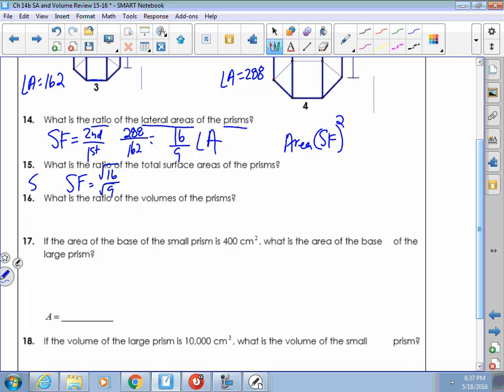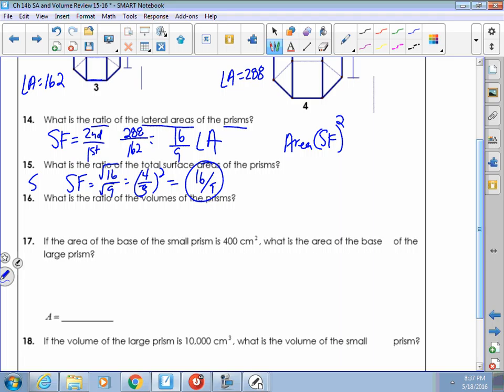So I'm going to do the opposite and take the square root. This becomes basically 4 over 3. But since I'm doing total surface area, I would end up squaring that, and I would end up with the same answer. You could have calculated it, but it's just going to be the same.